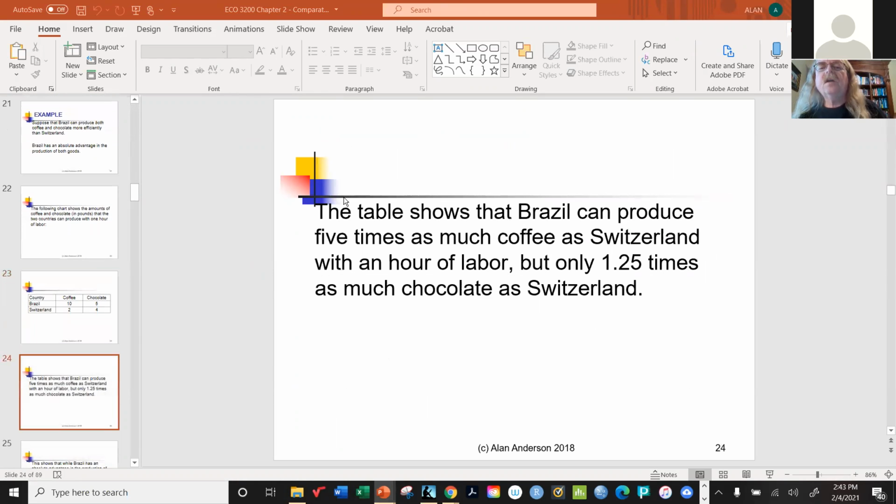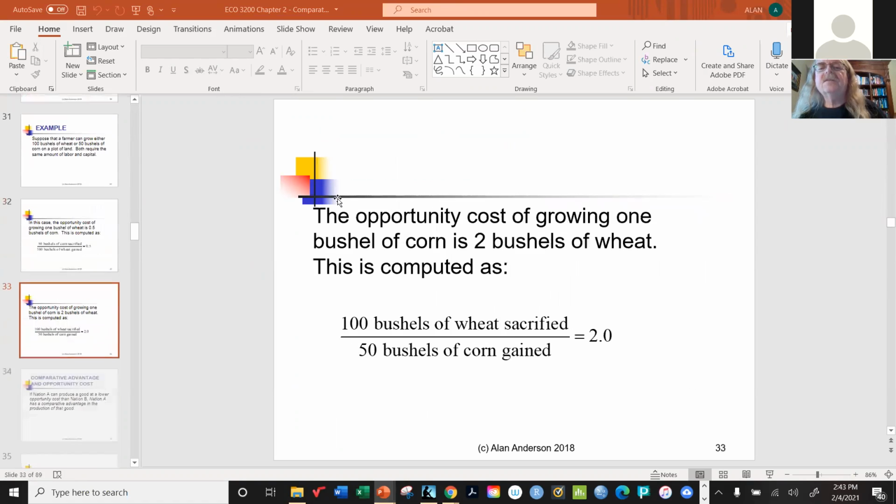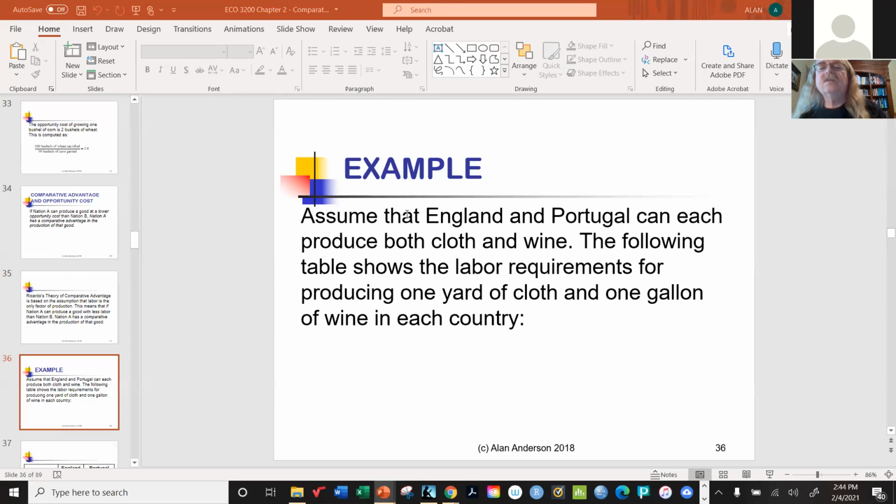So Ricardo chose to write about two goods, wine and cloth. He picked them because cloth required manufacturing, a lot of machinery and equipment, whereas wine growing depended more on the weather, because England's weather isn't particularly well suited for wine growing, but Portugal's weather is fantastic for it.